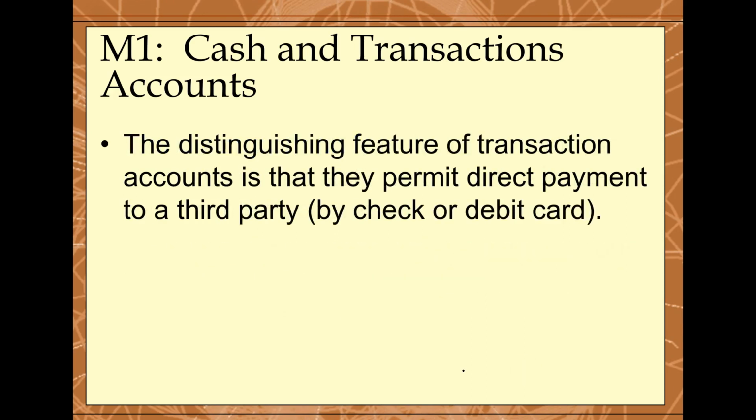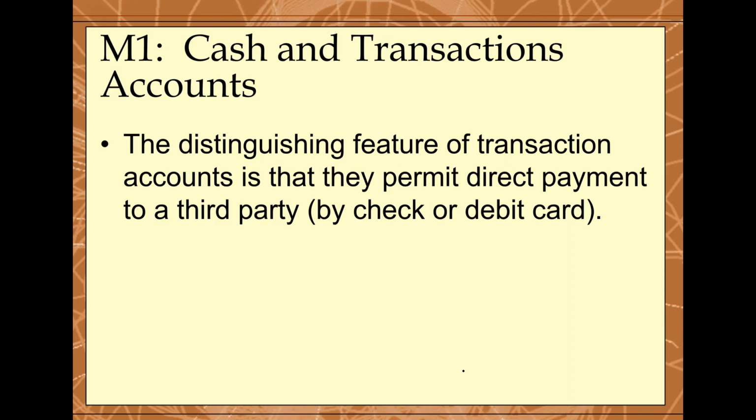Now, the distinguishing feature of a transaction account is that they permit direct payment by a third party by check or debit card. Now, some people say, well, the only reason why I have a positive balance in my checking account is I deposited cash into my bank.